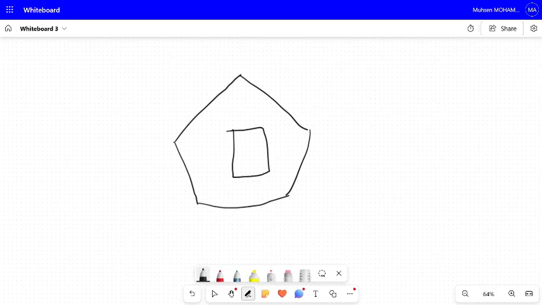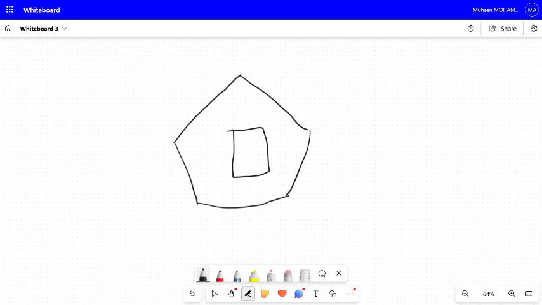We would know that the interior angles of this shape would equal to, so first we must find the sum of the interior angles of the shape.